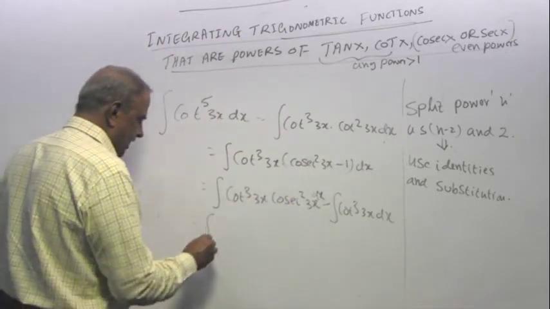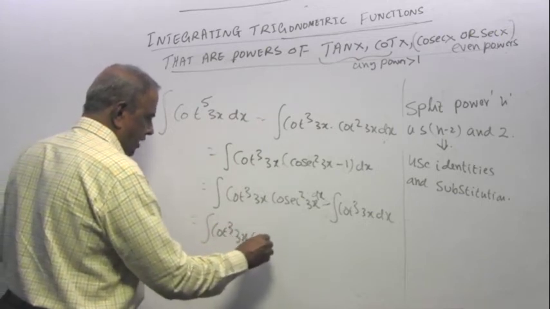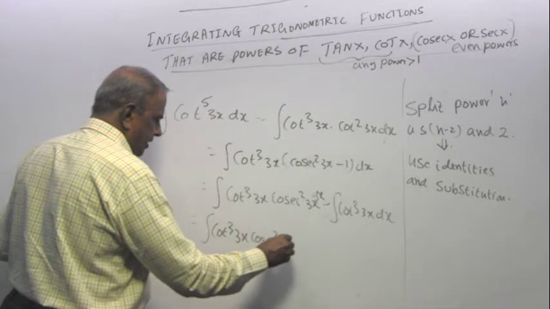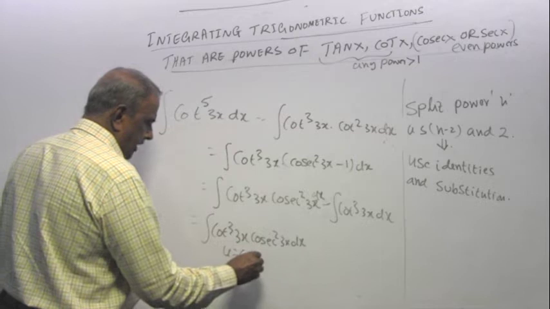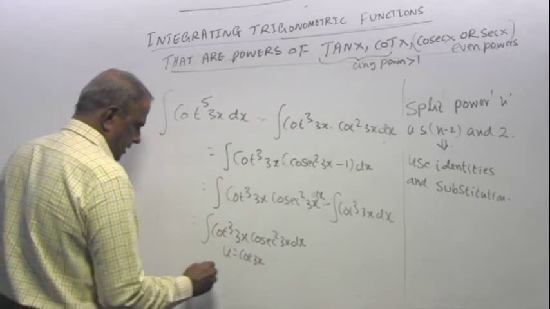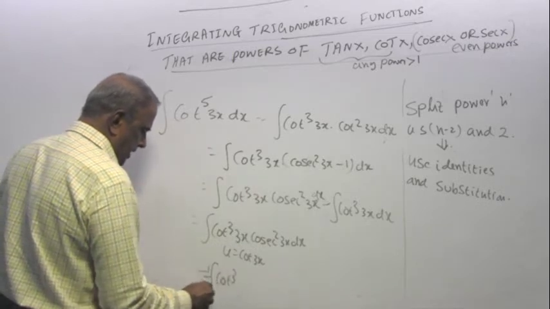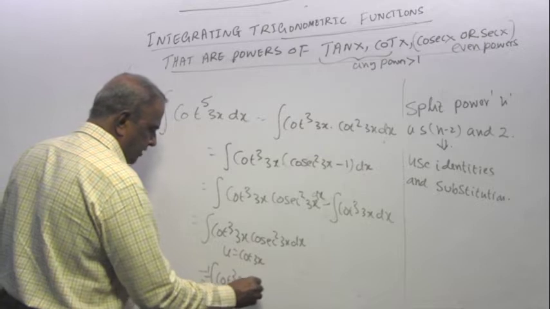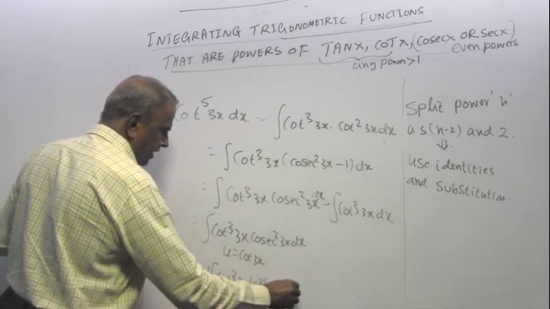So can I write this as cot cube 3x cosec squared 3x dx? Because I'll use u equal to cot 3x. So that becomes minus 1/3 integral cot cube 3x times minus 3 cosec squared 3x dx.